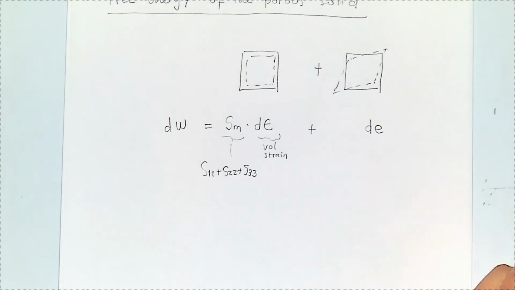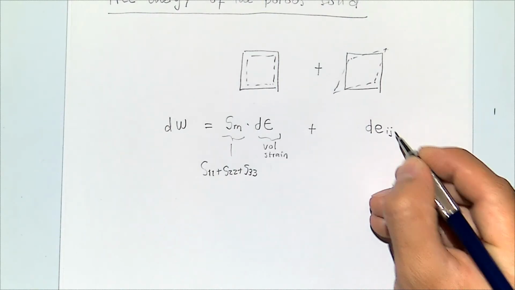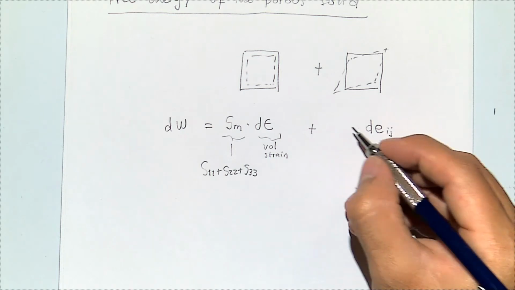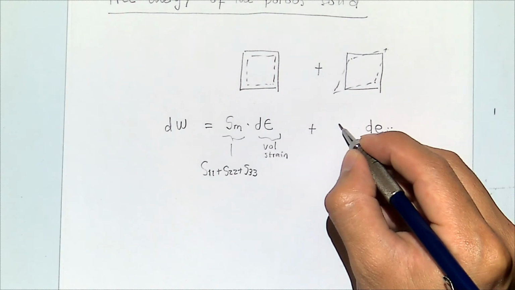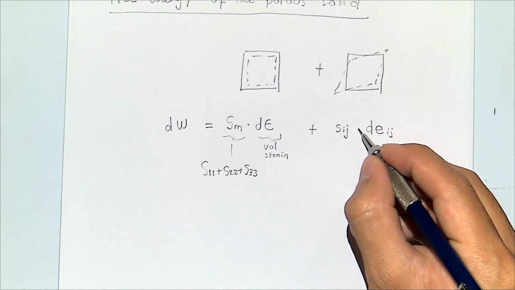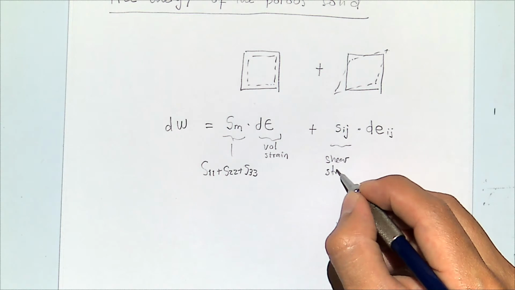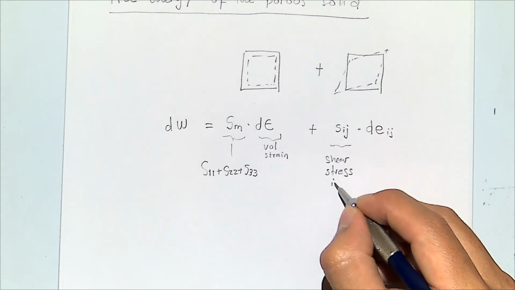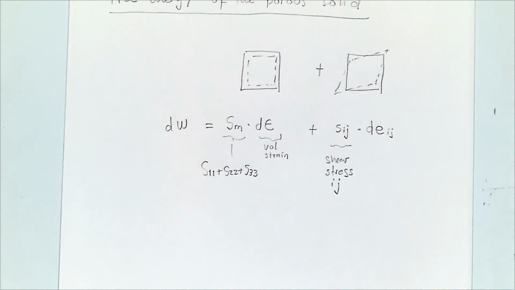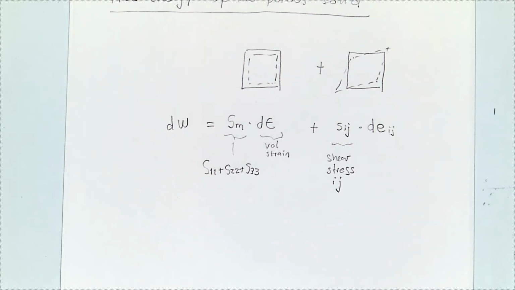as small e, and I'm going to call it ij, and here this is going to be lowercase sij, meaning that this is a shear stress. ij could be 12, 13, and 23. I'm just writing it ij here just to be more general.